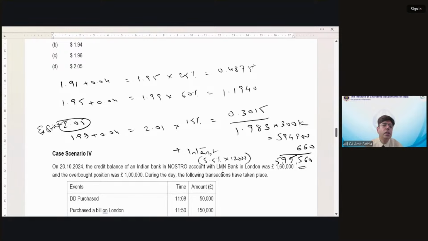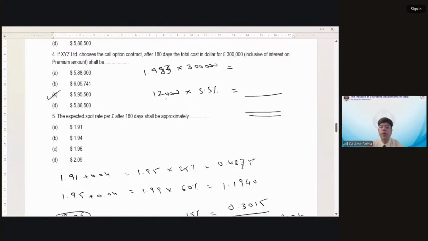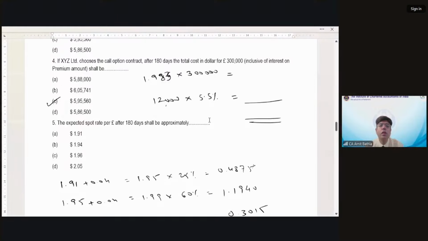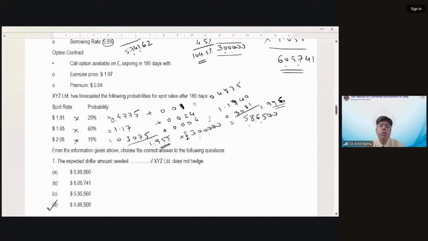All right. Now, fifth question. The expected spot rate per pound after 180 days shall be approximately how much? So, here we will essentially calculate the spot rate which we have already calculated earlier, right? Which is 1.91 we had calculated earlier, remember? Here 1.955, right?